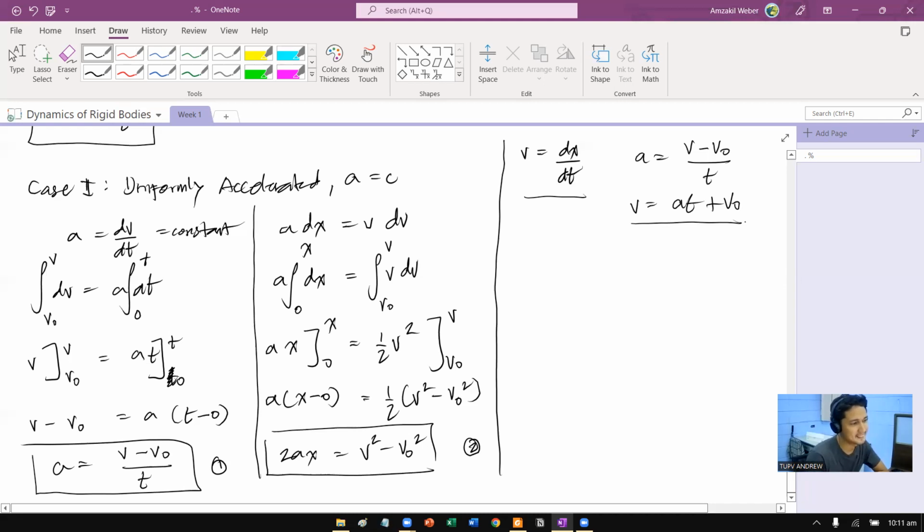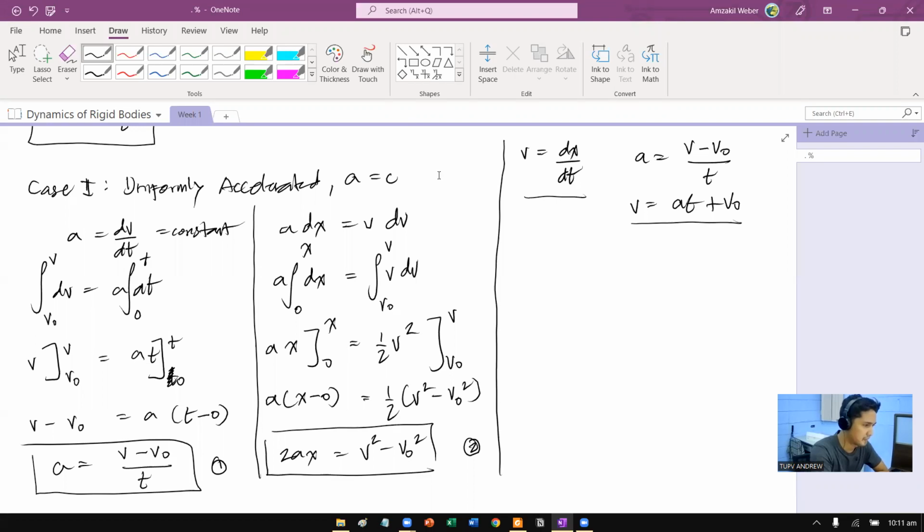But whenever you see instantaneous velocity or instantaneous acceleration, it always refers to the final state. I forgot the reason. It always refers to the final state, not the initial state.